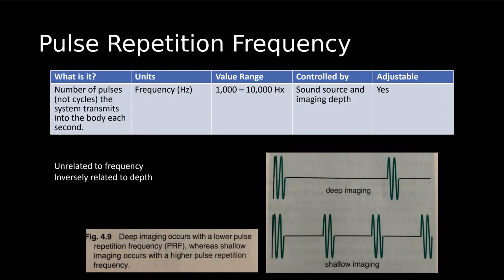So these two are inversely related to each other. Now, if we look at our deeper imaging, we have to take into consideration all of that listening time. So we're not going to be able to send in as many pulses within that 1 second time frame. So we're going to have a lower pulse repetition frequency.